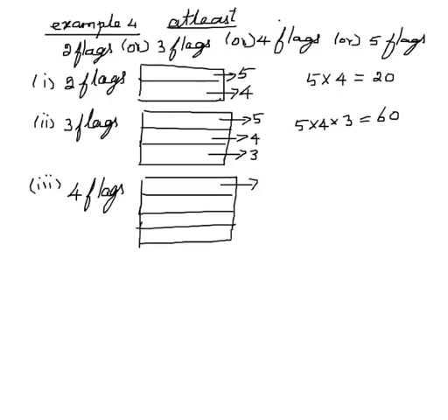So this can be filled in 5 ways, this in 4 ways, this position in 3 ways, and this in 2 ways. So 5 multiplied with 4 and 3 and 2. 20 into 6, 120 ways. So we can form 120 signals using 4 colors. Then next, using 5 flags.